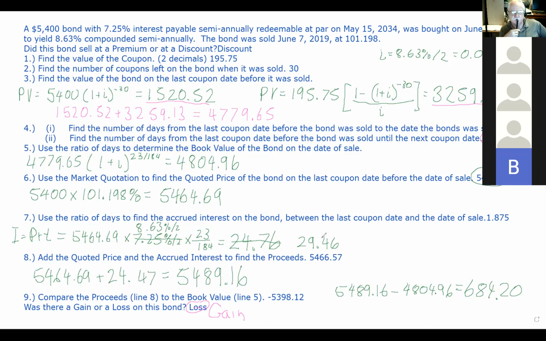It should be the 7.25 because this should be based on the bond rate.